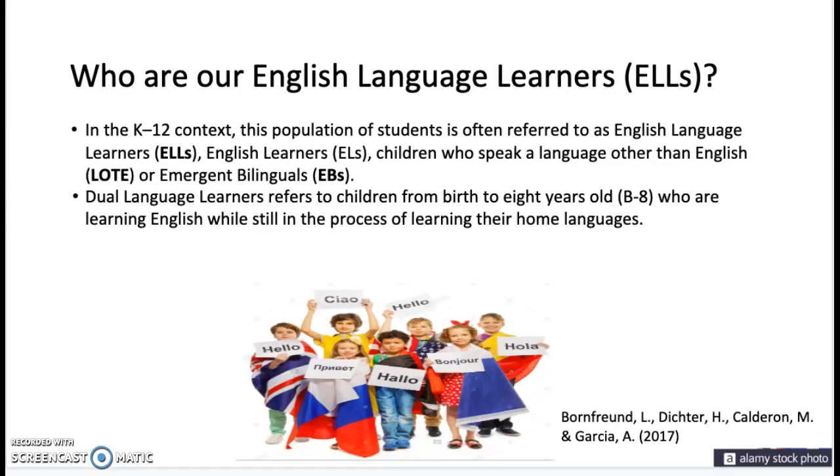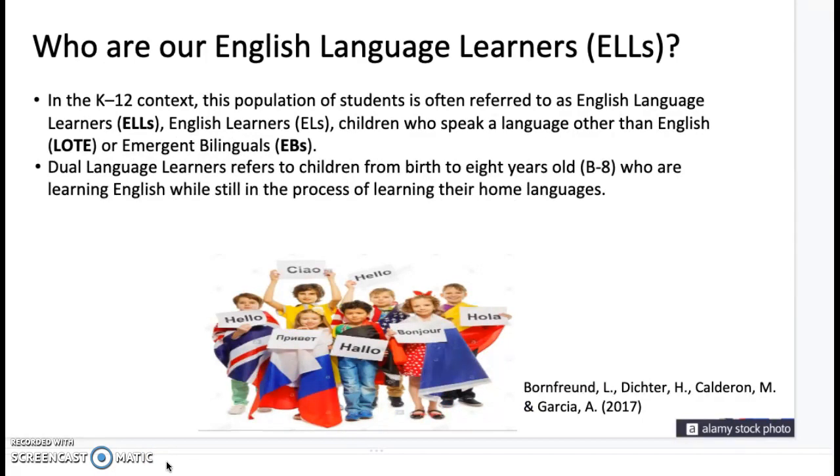However, many in the early childhood education field feel like this term is not accurate to describe children under age 6 who are still developing their first language. So after the passing of ESSA in December 2015, the term dual language learners now refers to children from birth to 8 years old who are learning English while still in the process of learning their home language.